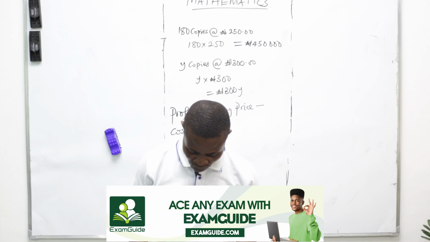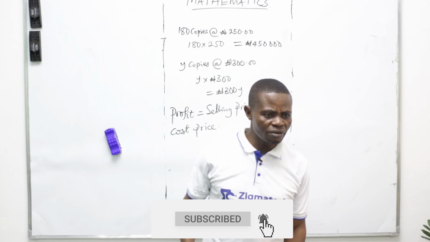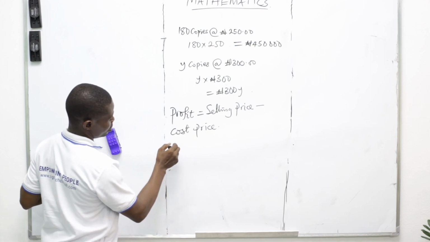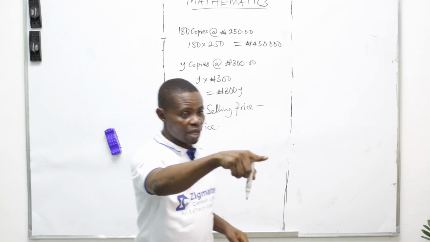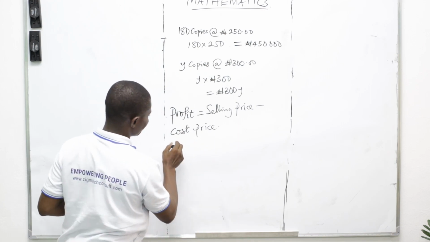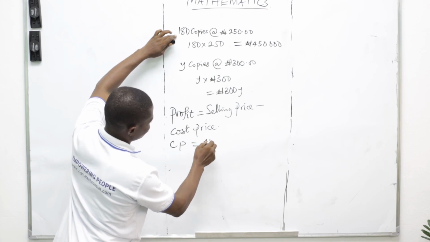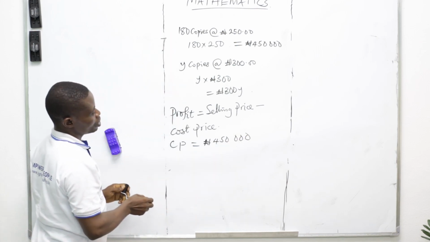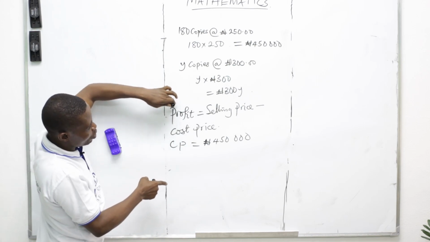Now, 7,125 together with this. Look at the total price here. A man purchased, that is cost price, CP equals 450,000. Somebody had a profit. What is the profit?